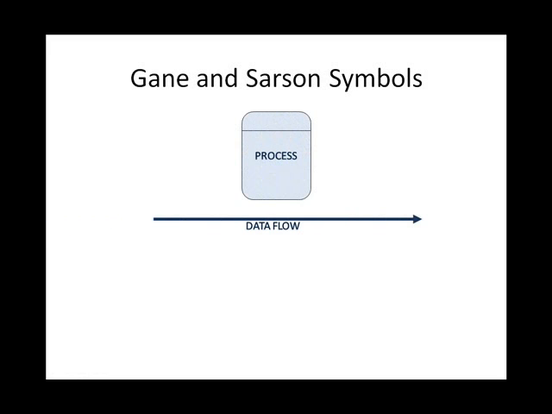Data flows are also very important because they provide processes with inputs, and the outputs are also data flows. If we need to store any data temporarily, then we use data stores. And finally, the last symbol is the entity, also called an external entity, because it's something outside the system that interacts with it.